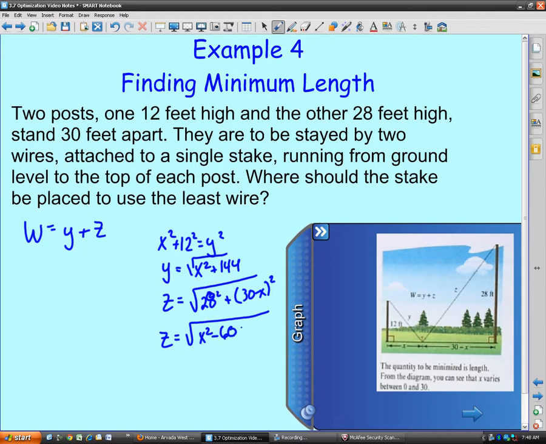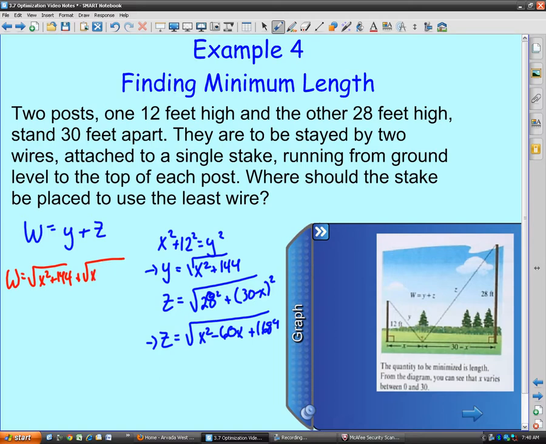All right, so now that I've multiplied that all out, I'm going to replace x, y, and z with what I've got for them. And here's my y, here's my z, and this thing's going to look a lot uglier than it did from the beginning, but the good news is it's all in terms of x. So I've got the square root of x squared plus 144 plus the square root of x squared minus 60x plus 1684.